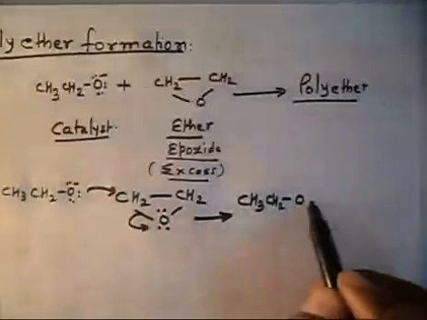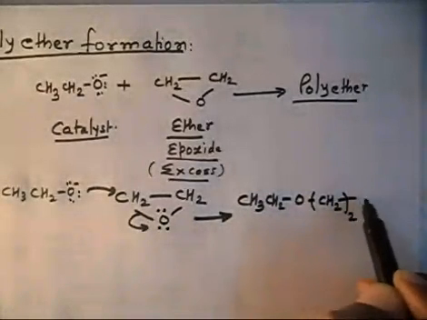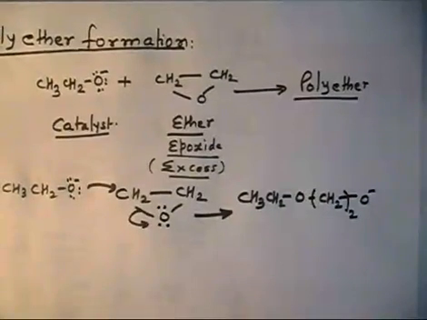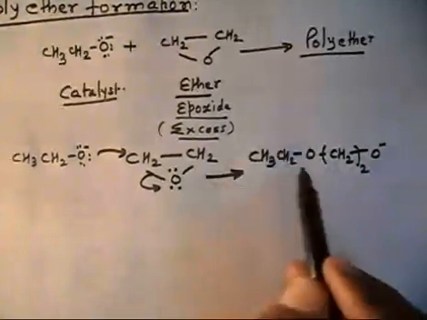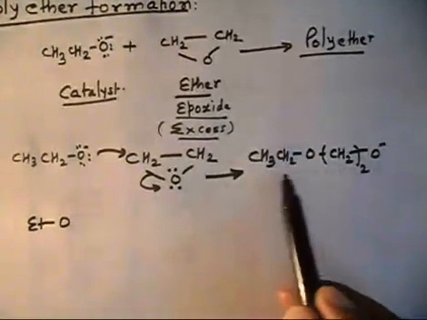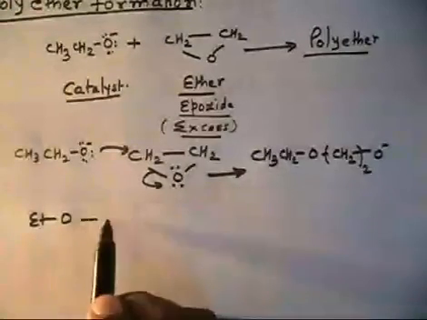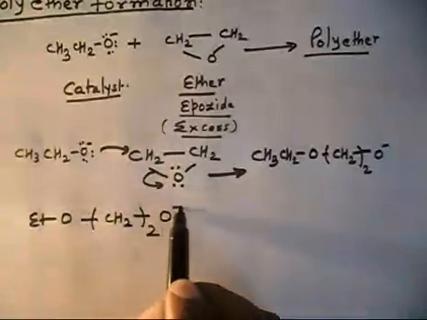Now let us simply call this OEt, O and the ethyl group. So this is OEt, then CH2 twice, then O minus.